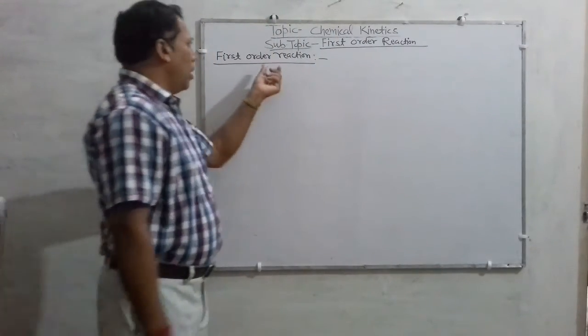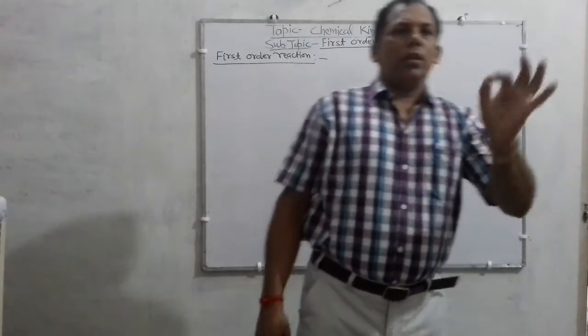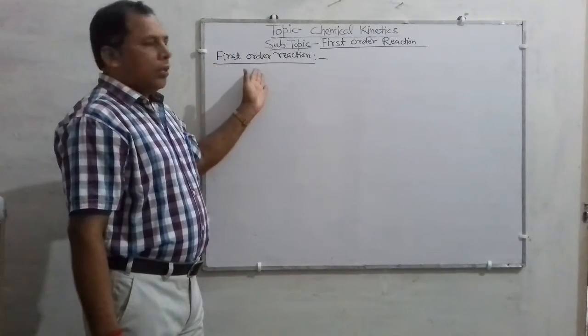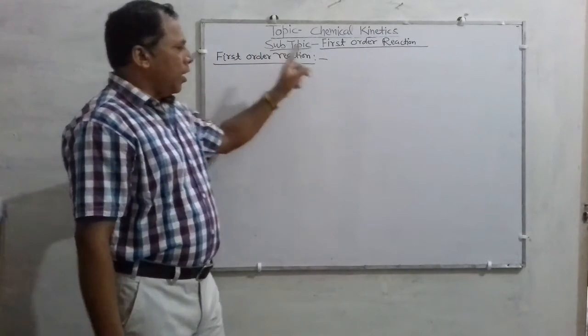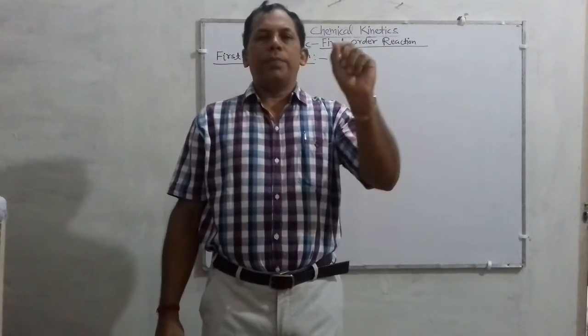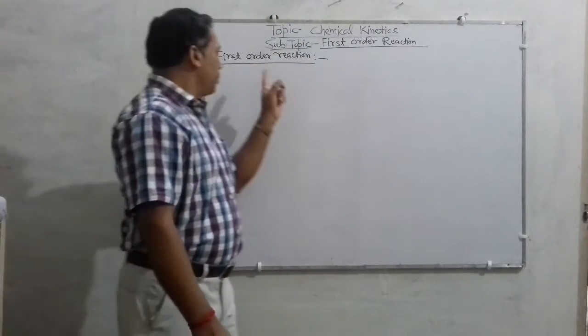First of all, what is the definition of a first order reaction? Children, very simply it can be defined as the reaction in which the rate of the reaction is directly proportional to the first power of the concentration of the reactant. Listen sincerely.